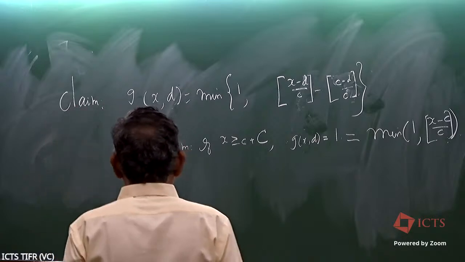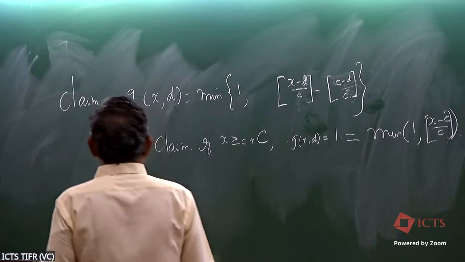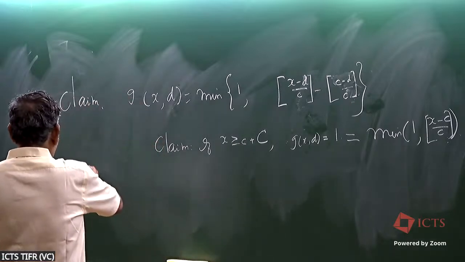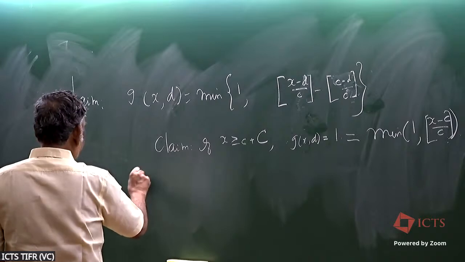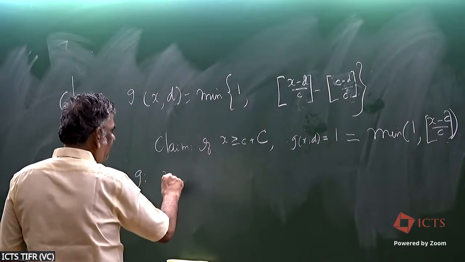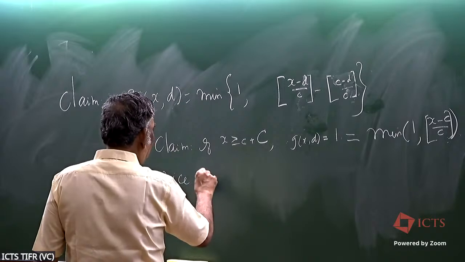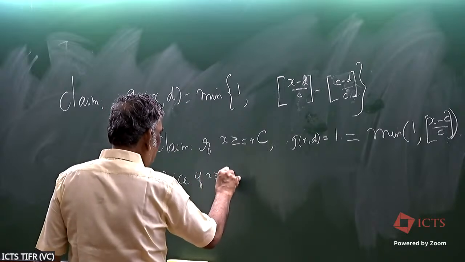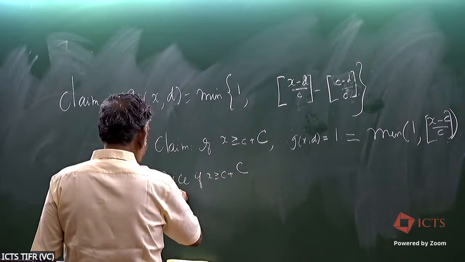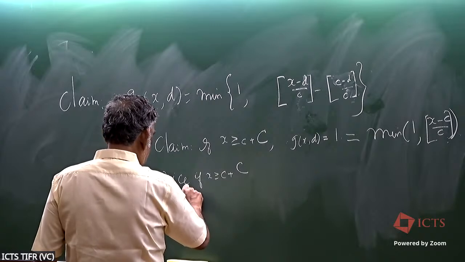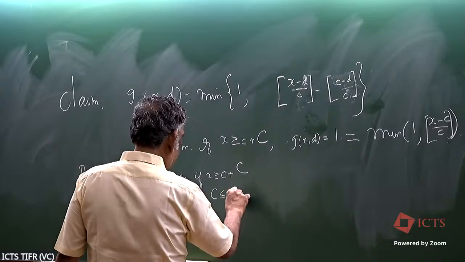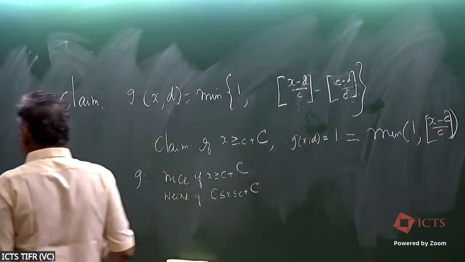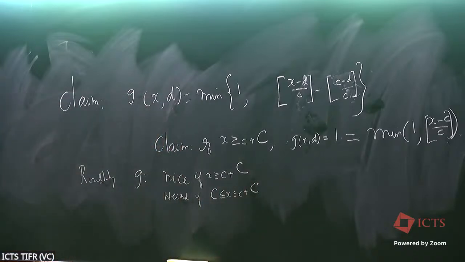Therefore, roughly speaking, my g function is a very nice function if x is bigger than or equal to little c plus capital C, and somewhat a weird function if capital C is less than or equal to x less than or equal to capital C plus c. And I need all those essentially because this is what I have to integrate.